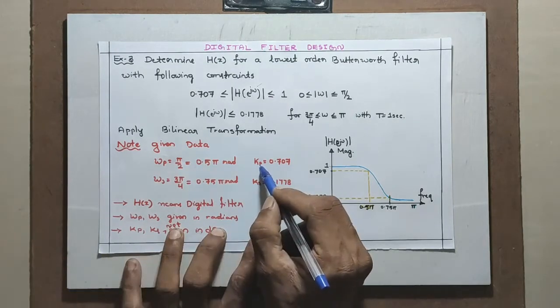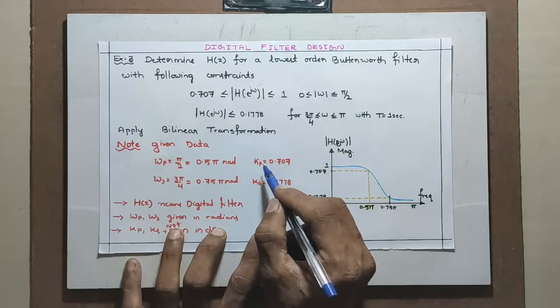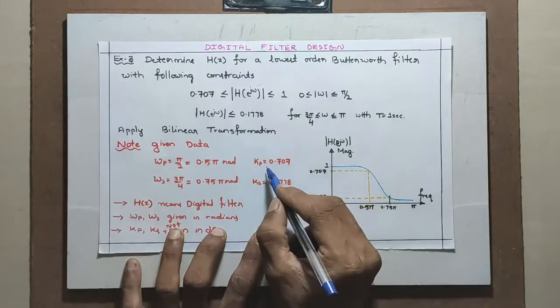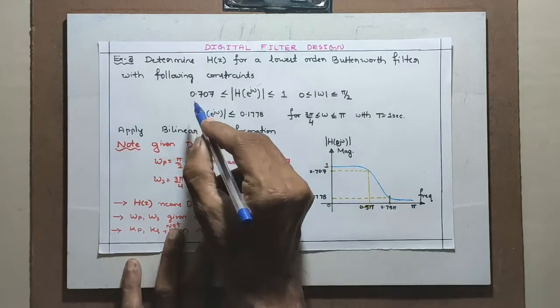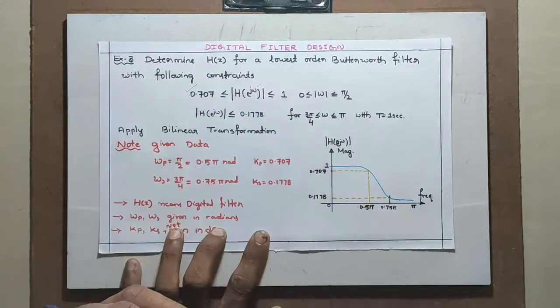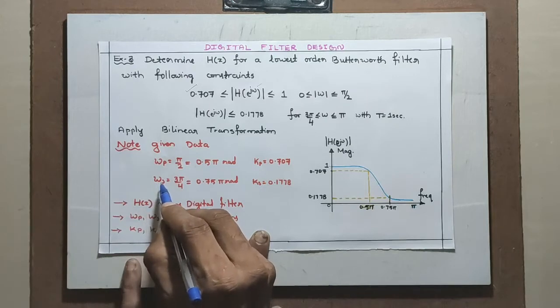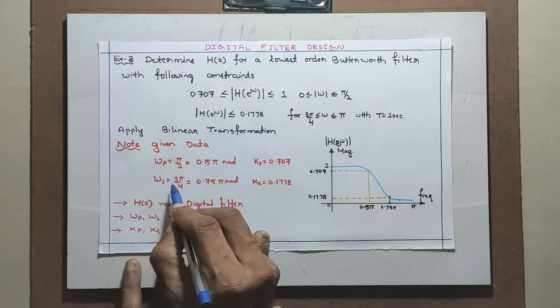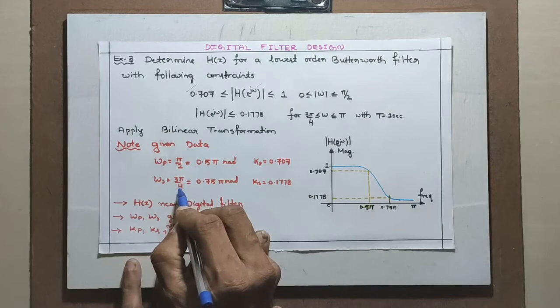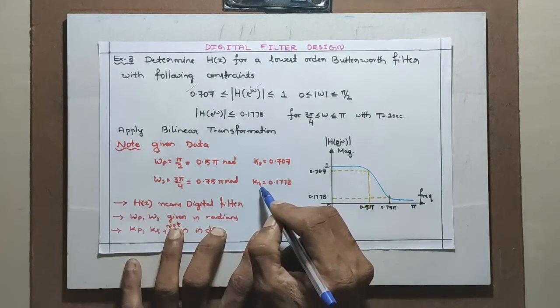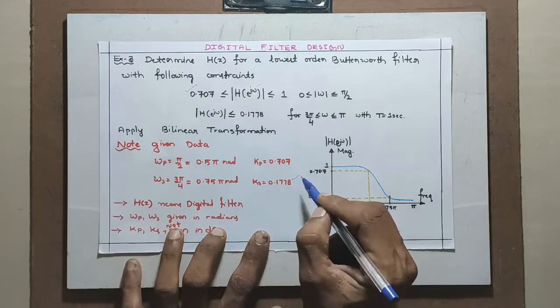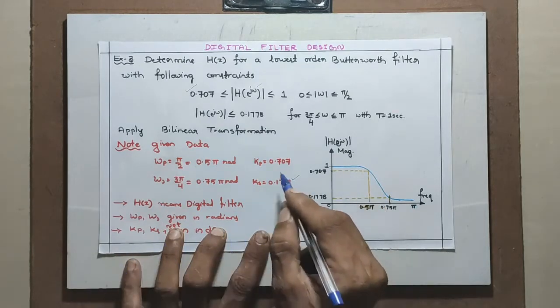And Kp, the passband gain, is not given in decibels, it is given as 0.707. Similarly, ωs, the stopband edge frequency, is given as 3π/4 or 0.75π radians, and the stopband attenuation or gain is given as 0.1778. These are the data given.